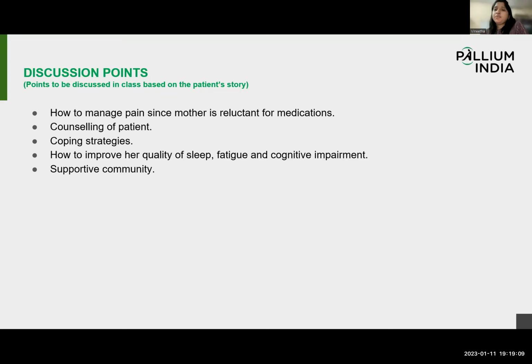Basically, fibromyalgia is one of the widespread pain disorders. As Dr. Parul has mentioned in her slides, the WPI, widespread pain index, when you calculate, will be more than 9, I think I remember.